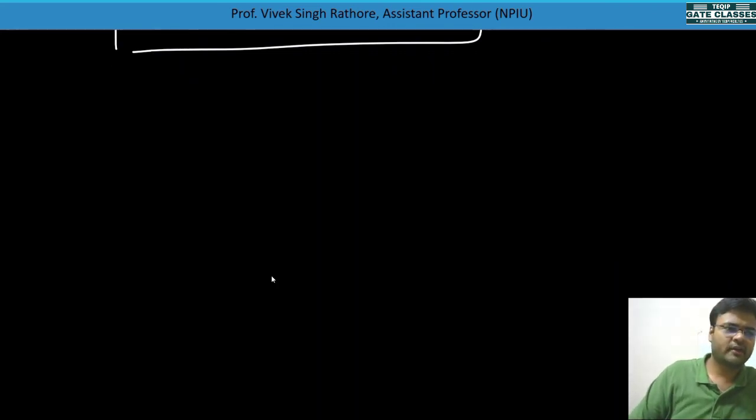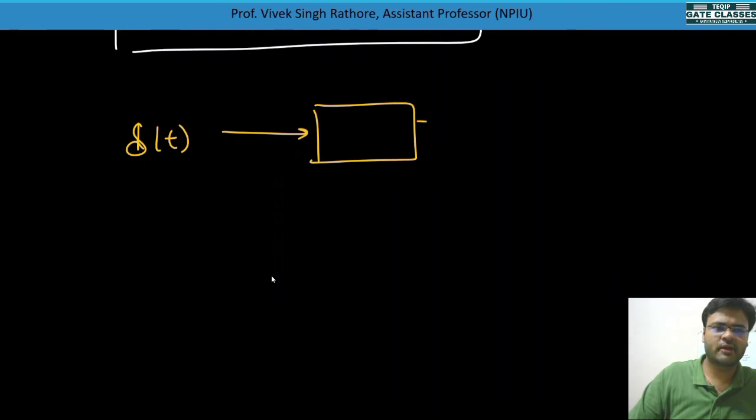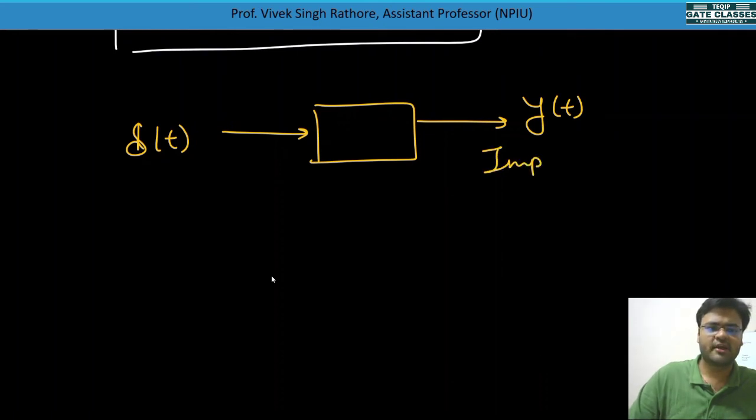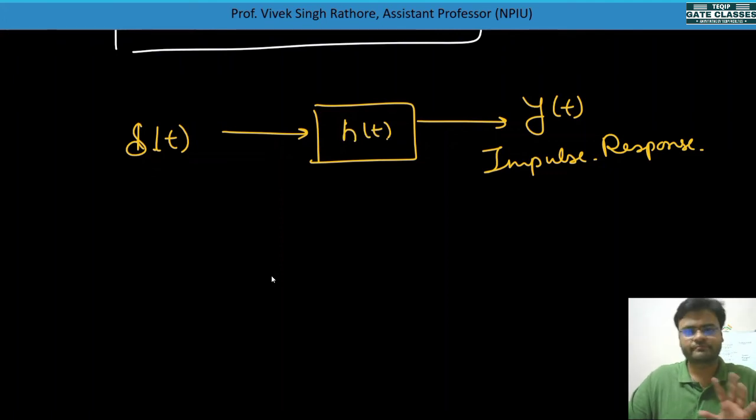When we are giving input as delta t to a system, and we take the output, we say that this is the impulse response, because an impulse input has been given. Let's suppose this system was h of t.